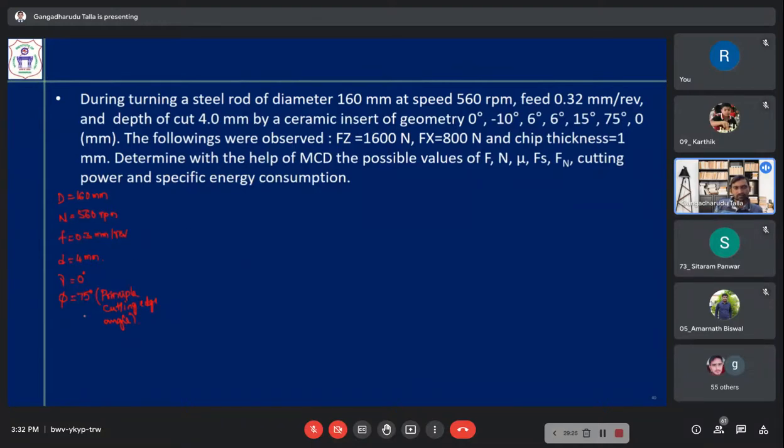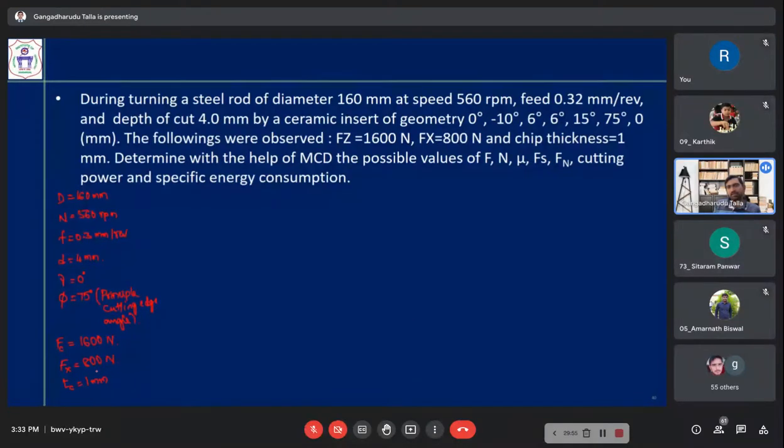The following are observed. Fz, now according to our notation, it is Fc, 1600. Fx, there is no change, 800 Newton. And the chip thickness is 1 mm. Chip thickness means after cutting only. Tc is 1 mm.